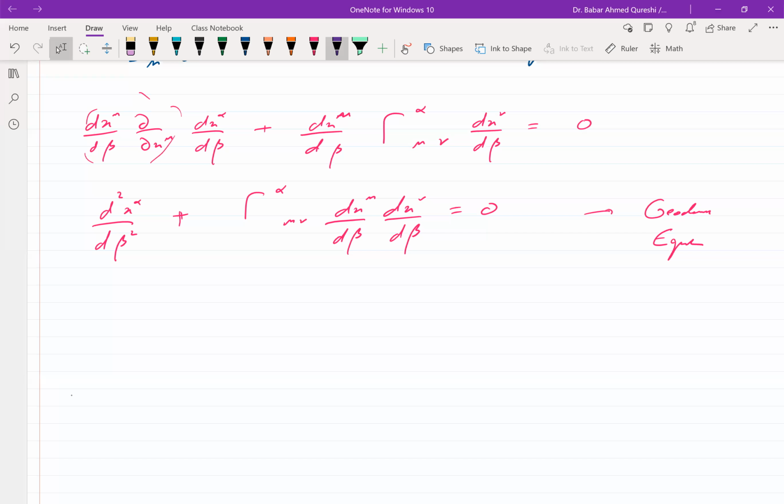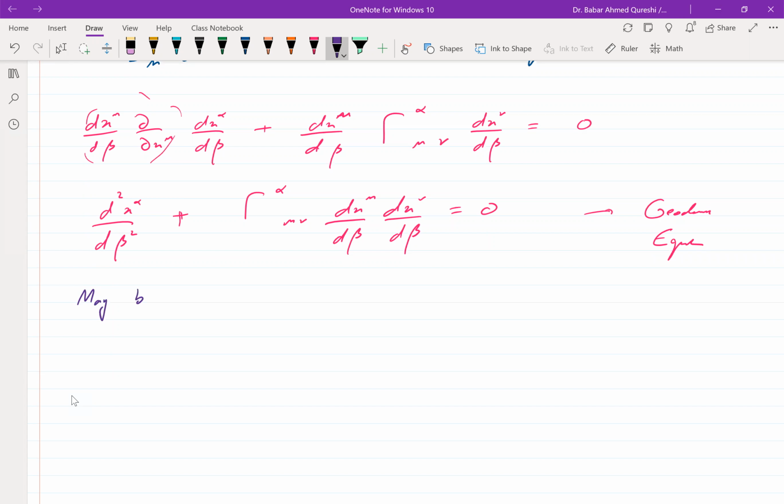Now we can also understand why this holds true only for very specific parameterization, what we call the affine parameterization. Why is that the case?